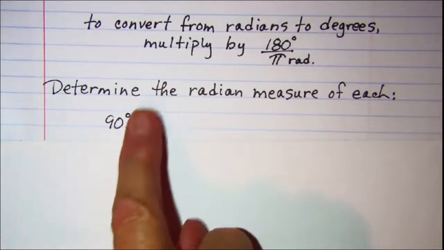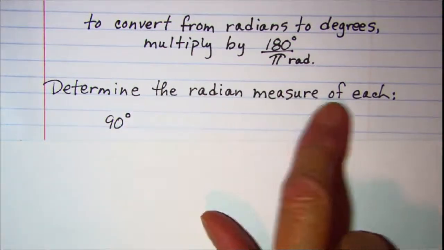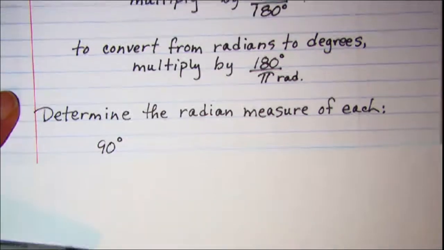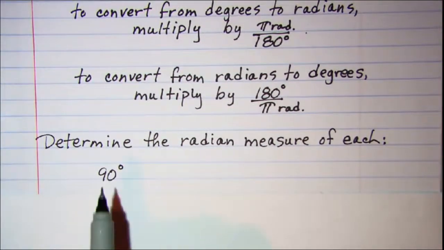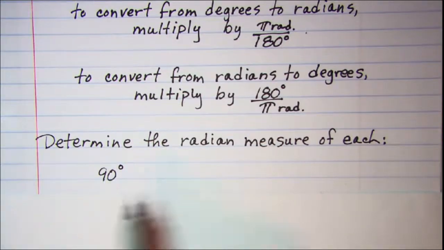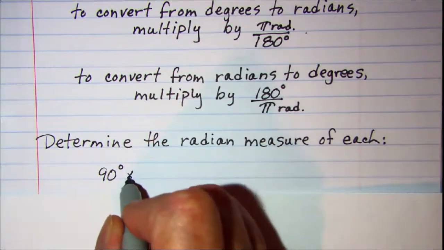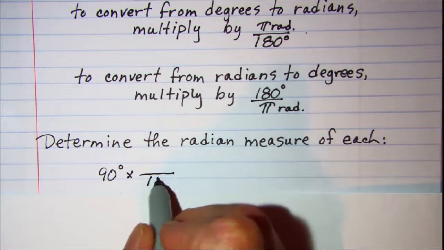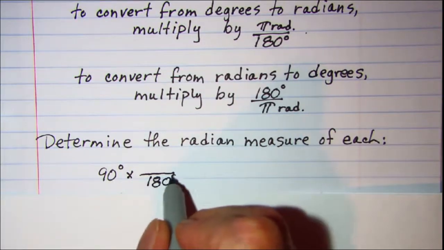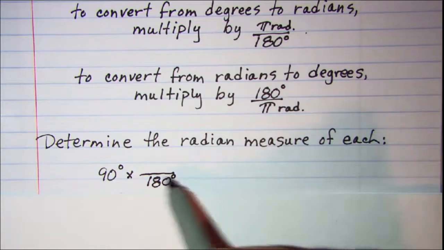Our first one, we're asked to determine the radian measure of each. So let me move this back down. Because we're changing from a degree measure, we're going to multiply this by the unit multiplier that has 180 degrees in the denominator. And these degree units would cancel off.